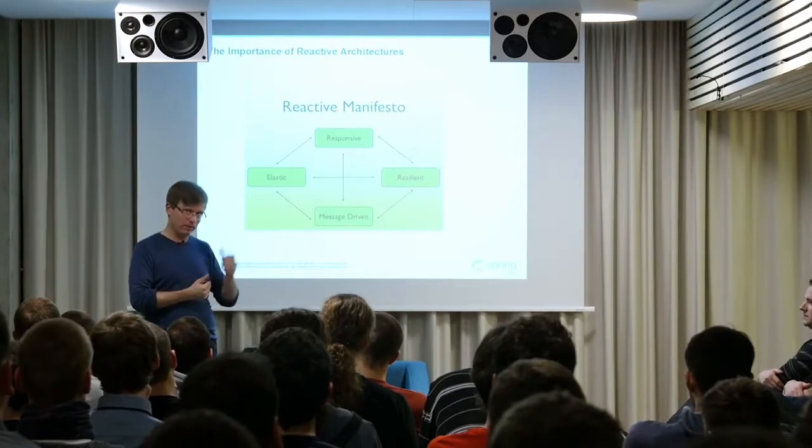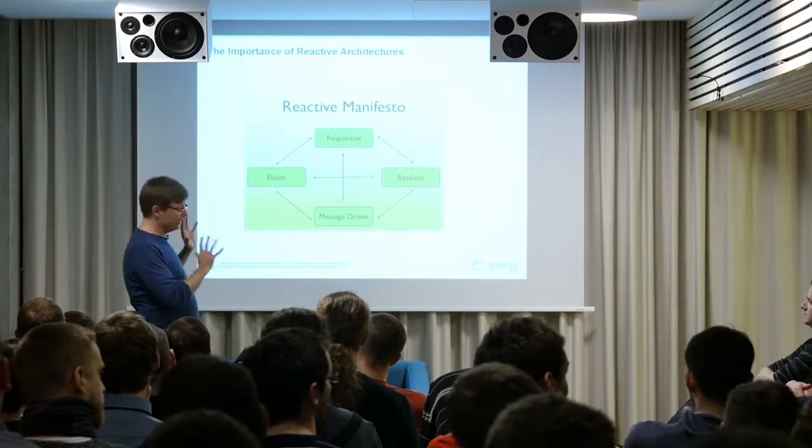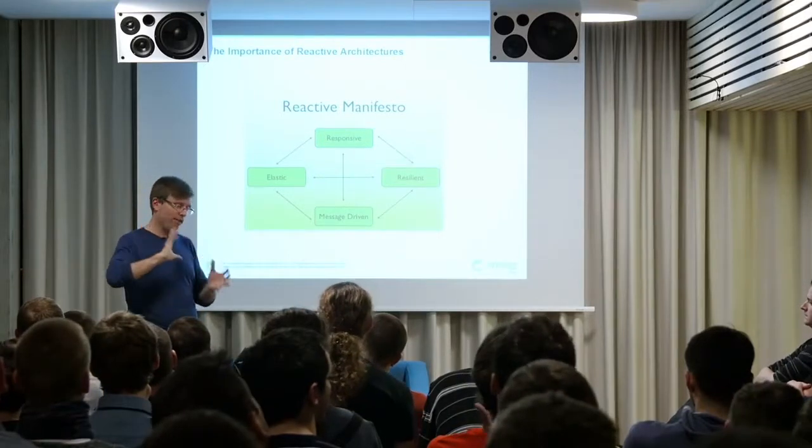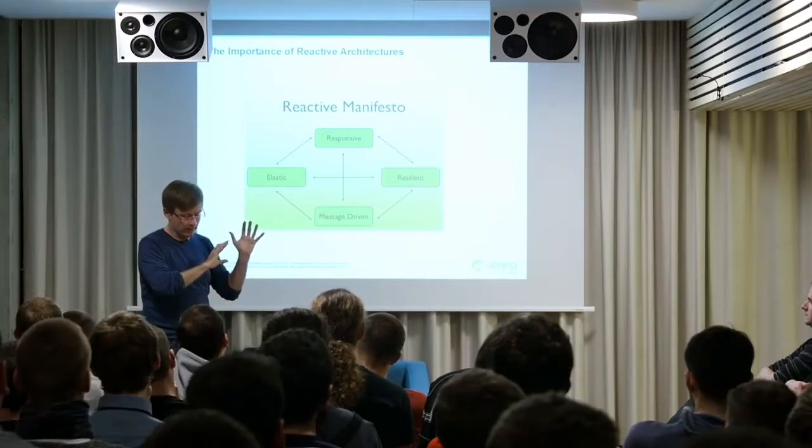So from a Spring Framework perspective again, why are we doing a reactive web stack? It's in particular to have a different way of building responsive and resilient web architectures.